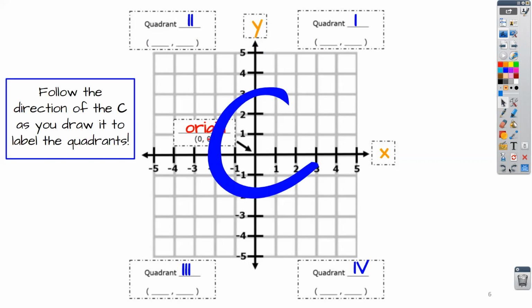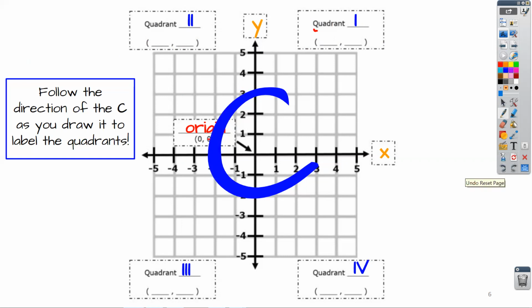Now, something new is called quadrants. Just like you see quadrant, Q-U-A-D, if I say quadrilateral, it means I have 4 sides. Quarter, the Q-U-A, 4 quarters in a dollar. Coordinate plane right here, 4 pieces.